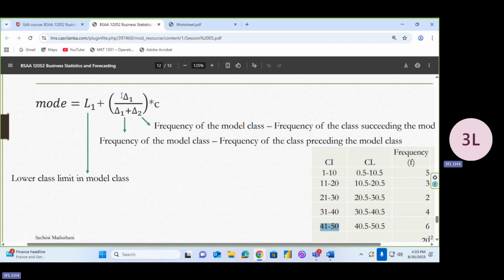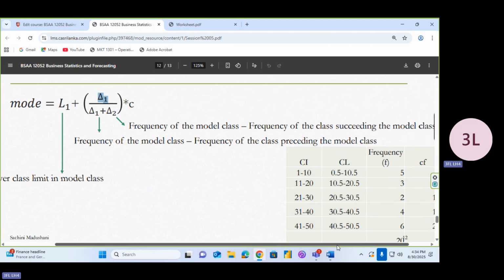New things added: delta 1 and delta 2. Normally what's the meaning of delta? Change, no? Difference. Here also delta means change or difference. Delta 1 means frequency of the modal class minus frequency of the class preceding the modal class.